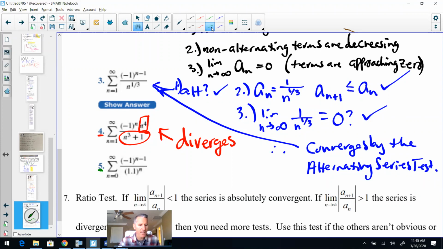And so that is decreasing. And if I were to take the limit as n approaches infinity of 1 over 1.1 to the n, that does go to 0. So therefore, this will converge by the alternating series test. Okay?